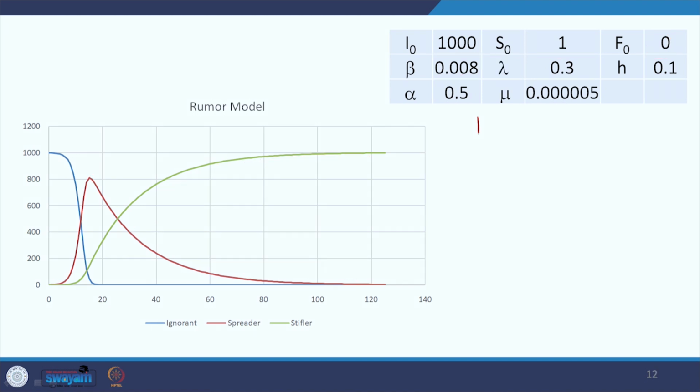If you now look into the stability condition, we have beta lambda by mu minus alpha minus mu. And we have shown that if this is positive, the system is stable about the non-zero equilibrium point, and if this is negative, then the system is unstable about the non-zero equilibrium point.